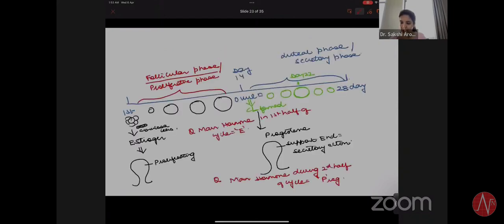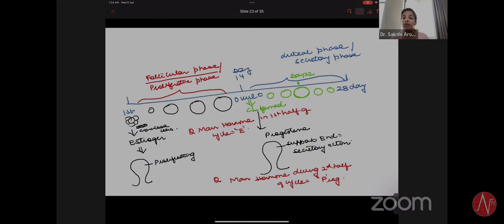So I'll tell you again, someone has asked me to repeat. Quickly, I will repeat. First half of the cycle में main hormone is estrogen and जो भी हो रहा है, it is happening to the follicle in the first half. So first half को कहते हैं follicular phase. And because main hormone is estrogen and estrogen brings about proliferative action on the endometrium, so first half को proliferative phase भी कहते हैं. अब day 14 पे ovulation होता है, corpus luteum बनता है.